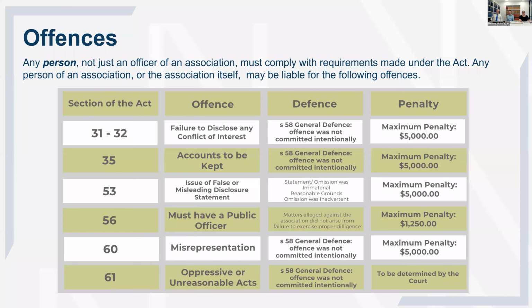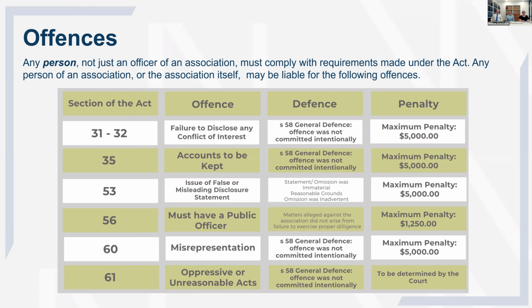There is a defence, and that is that if the breach was immaterial, or that there were reasonable grounds that they didn't believe that it was false with respect to any errors in the disclosure statement. Again, any breach of this section could lead to a penalty of $5,000.